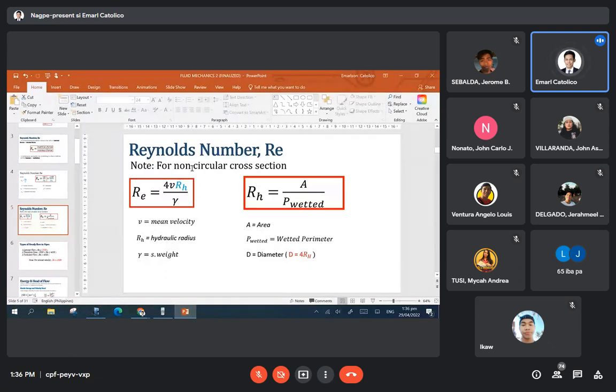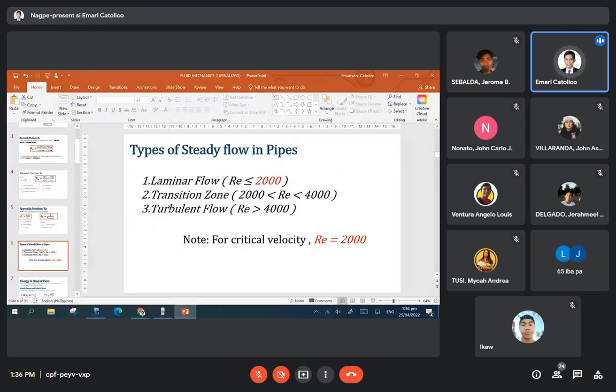Okay. So for non-circular cross-section, yung diameter mo is 4 times hydraulic radius. Kaya siya naging 4 times hydraulic radius over gamma. Okay? Now, for the type of steady flow in pipes, meron tayong tatlo. No? So, check mo nga to by using Reynolds number.